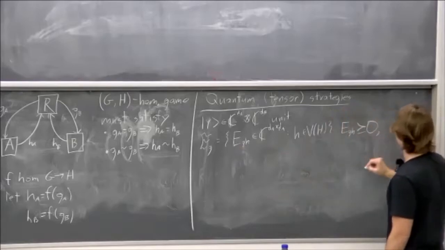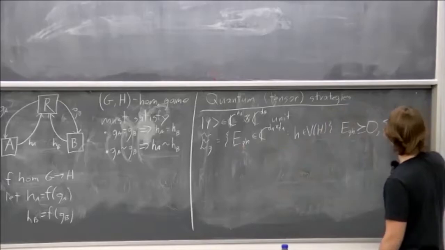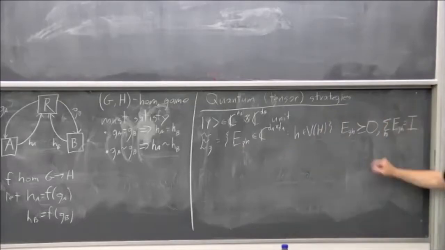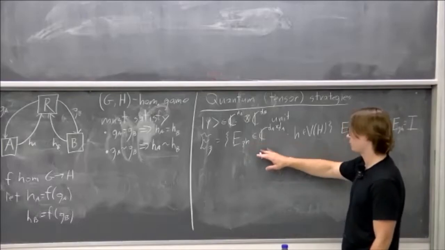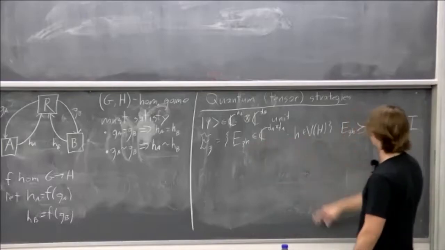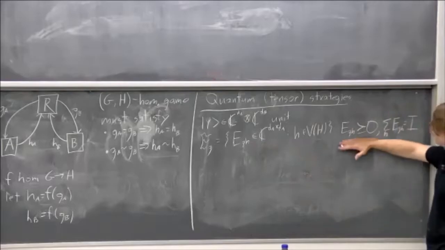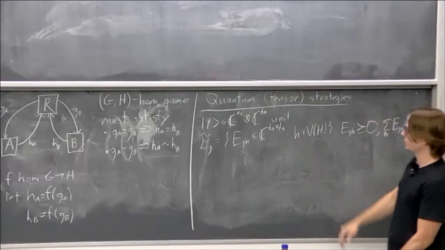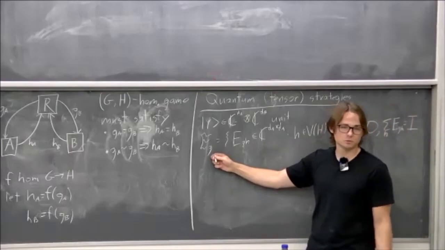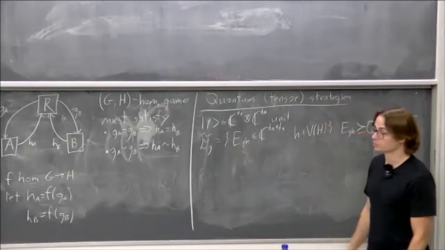And I need that when I sum them up, I get identity. This is a quantum measurement, or specifically this is known as a POVM, a positive operator valued measurement. But it's just a collection of positive semi-definite matrices that add up to identity. And I have such a thing for every possible input for Alice. So this is the collection of Alice's measurements.